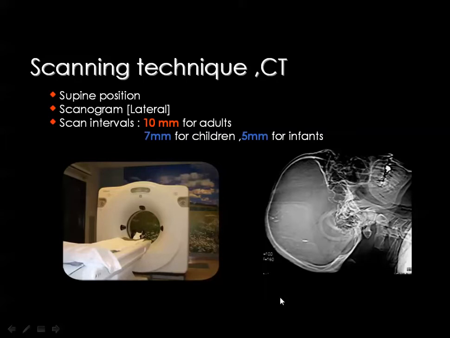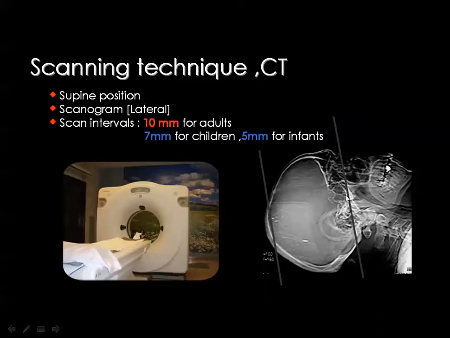Then in order to have the CT scan of the brain, we put the patient on the machine and we have the scanogram. And this scanogram is performed in the lateral view in order to localize the area to be scanned from the base of the skull and ending by the skull vertex.